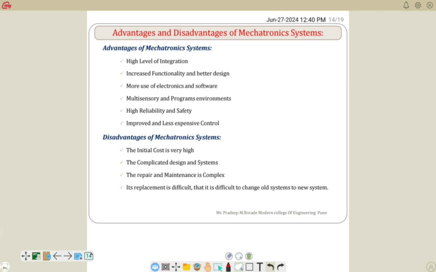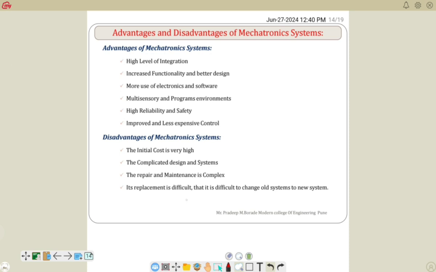Disadvantages of mechatronic systems: the initial cost is very high to set up any mechatronics system. There are various elements and some mechanisms, and the initial cost of this whole structure is very high. Then the complicated design and system. Some mechatronics devices are complex, hence it is difficult to repair and maintain those devices.